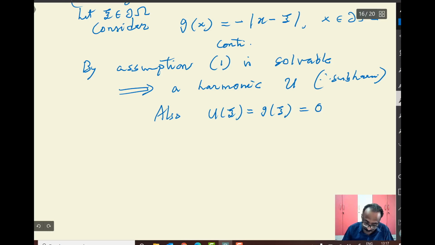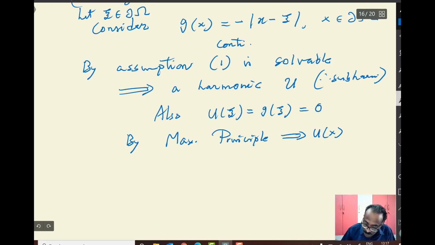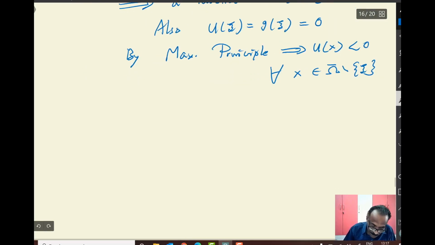So that condition is satisfied, subharmonicity is satisfied, and by the maximum principle, which I will not state here, since G is a negative function, you get U is negative for all x in omega bar minus psi. That implies U is a barrier at psi.